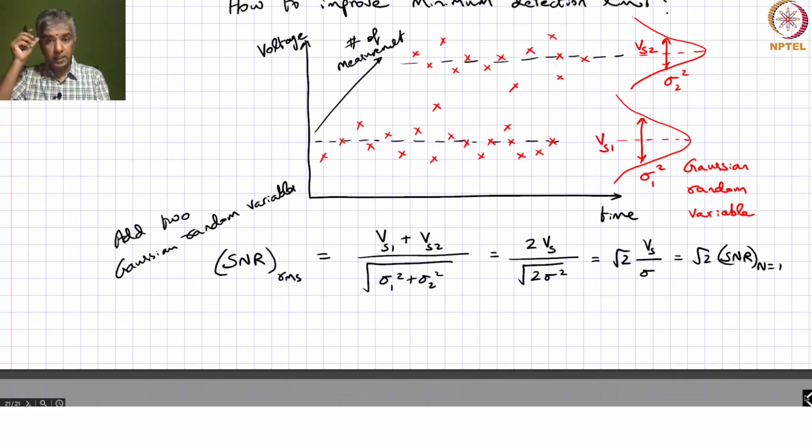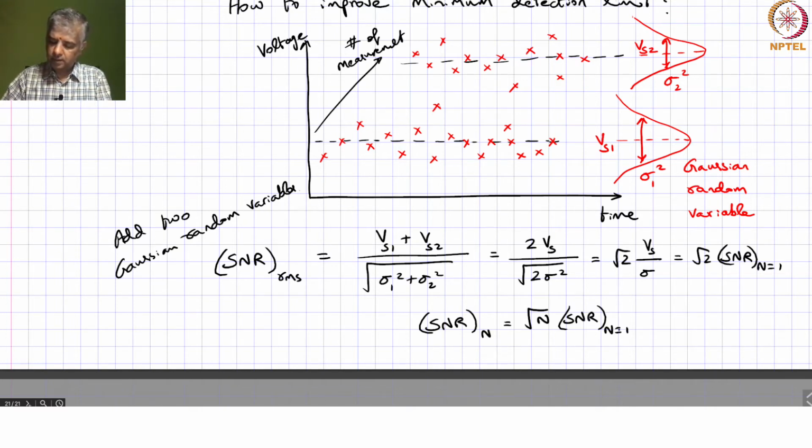your RMS SNR, if you can extend this basically to n number of measurements. So, the SNR that you get after n measurements, if you are basically adding all these corresponding samples, you can extend this and prove that this corresponds to root n times the SNR of n equals 1.